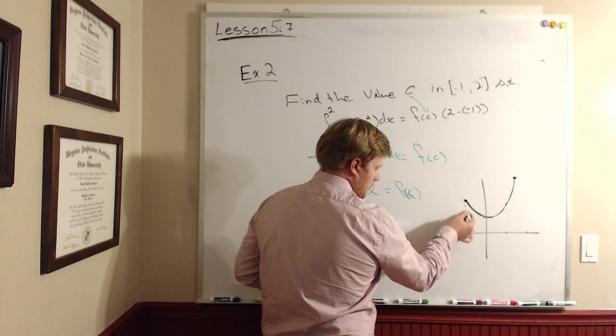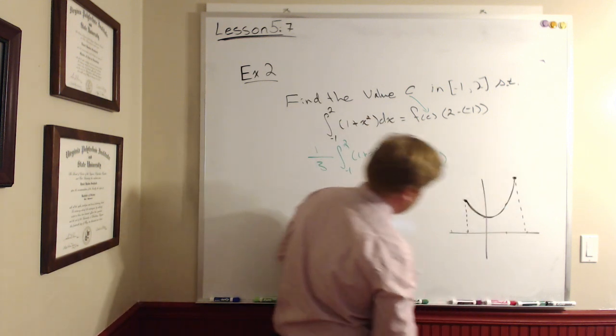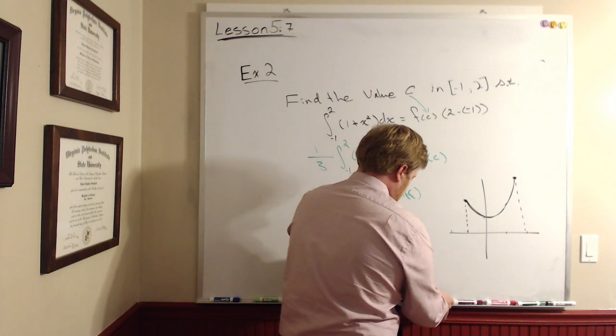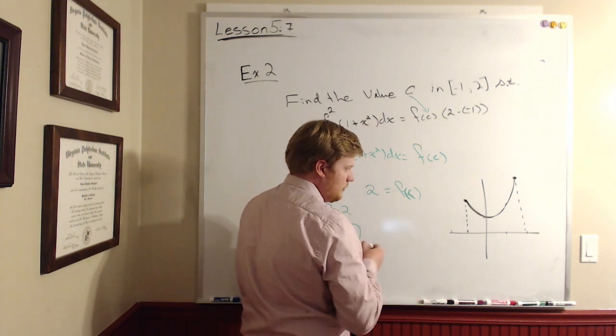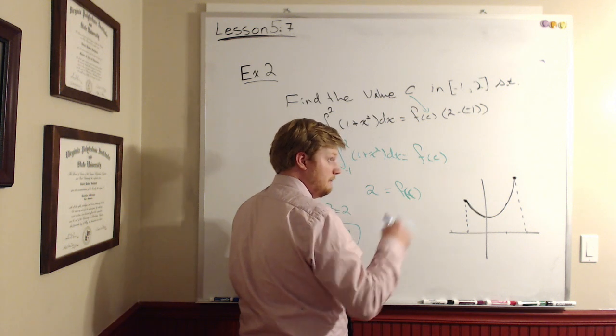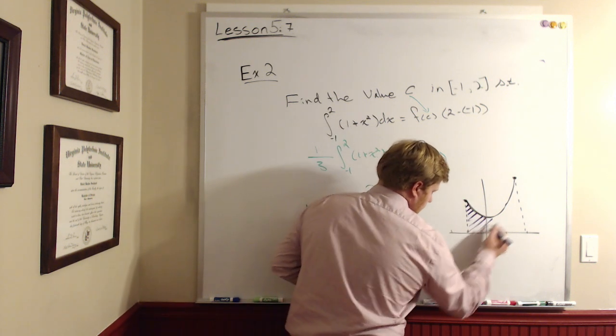There's my curve, my interval, a little bit off, but forgive me. And I believe this was the last question from day 5, where we said, okay, we have the area under the curve here.